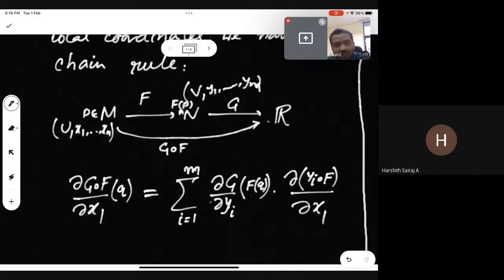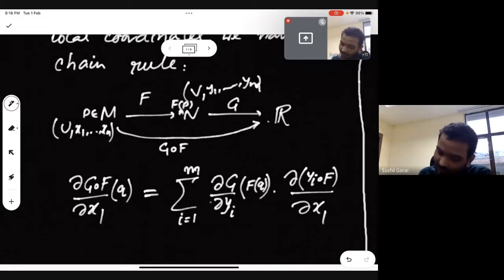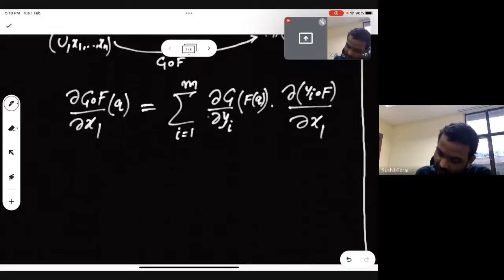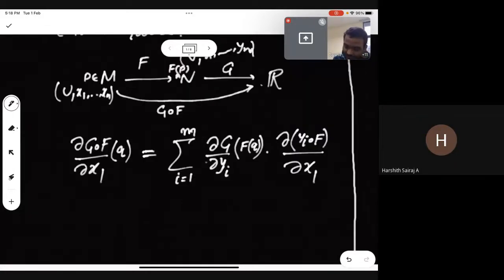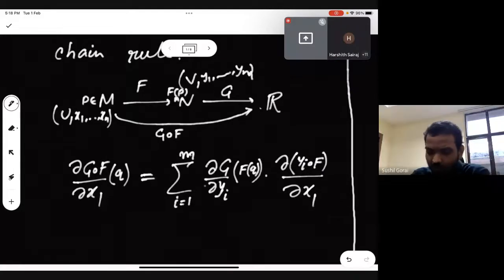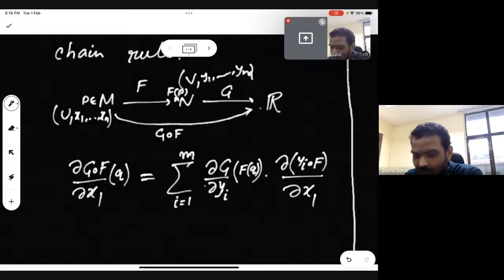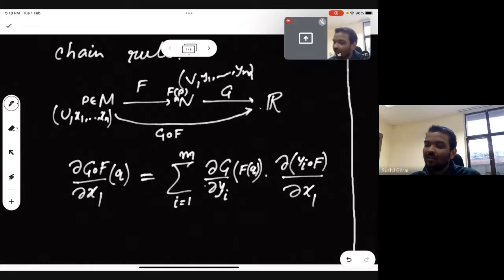Any question here? Sir, but this would depend on the local coordinates, right? Of course, you are taking derivatives in terms of local coordinates, so it depends on the local coordinate. If you change the local coordinate, you will get the corresponding thing, the way you change coordinates in Rn.